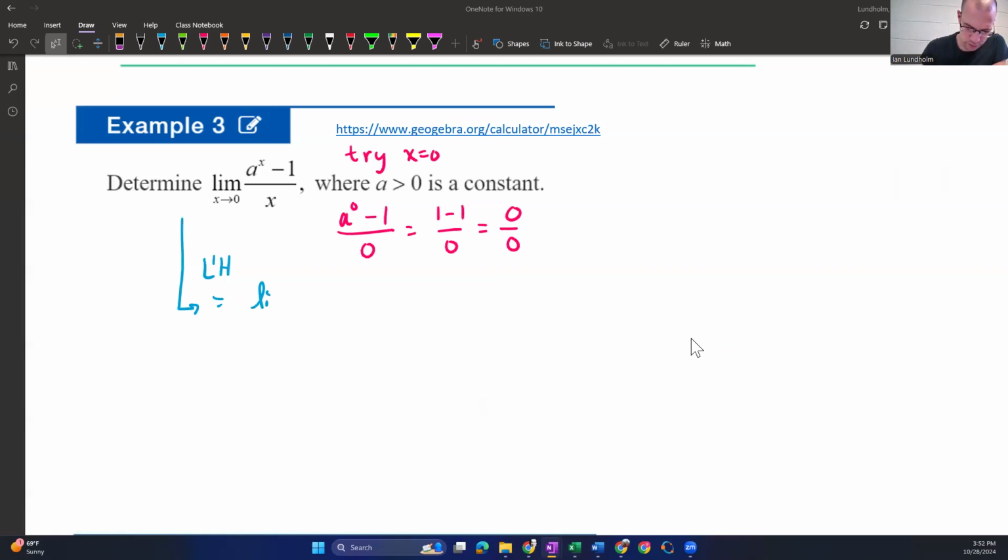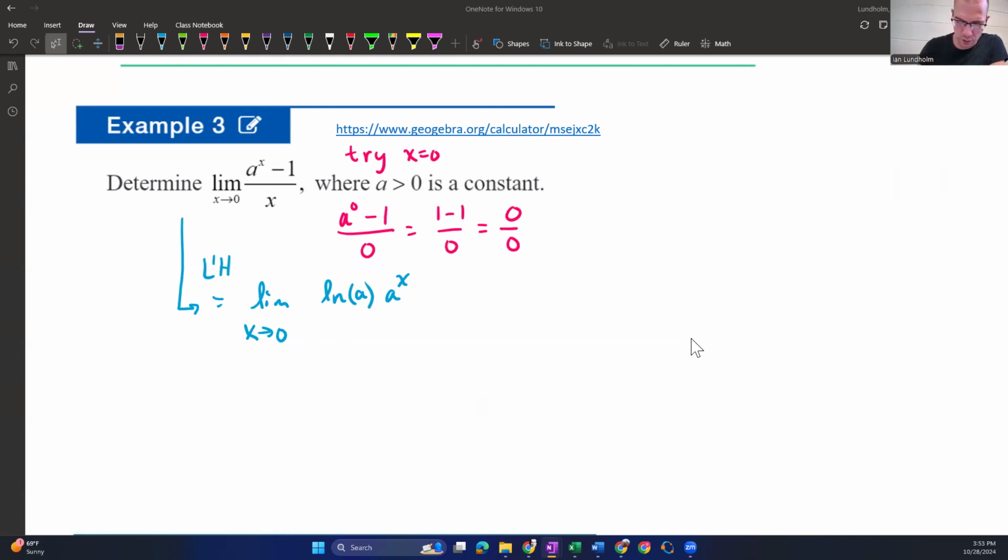So we're going to write limit as x goes to 0, and we're going to take the derivative of the top. Here's an exponential function where a is some constant. It's really the chain rule behind the scenes, but this is one that maybe you just have memorized. The natural log of a comes out, and that's times a to the x. When we take the derivative of minus 1, it's just going to go to 0.